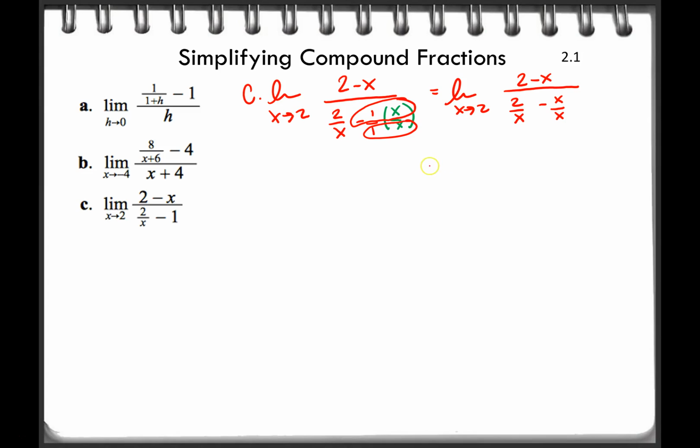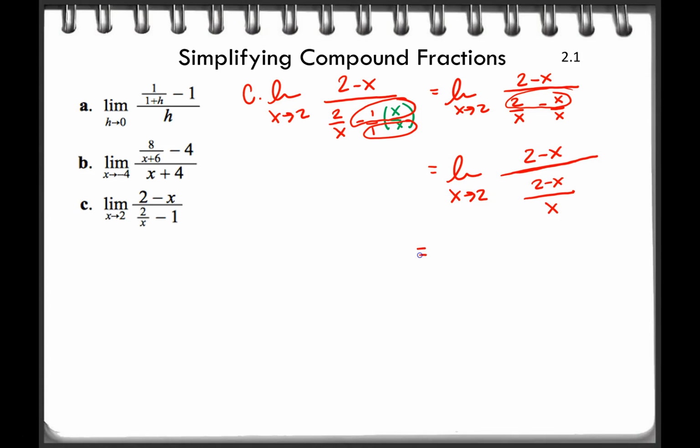All right, so what does this become? This becomes the limit as x approaches 2 of 2 minus x over, and then my numerators become 2 minus x, divided by x. Okay, remember when we divide by a fraction, it's the same thing as multiplying by its reciprocal.